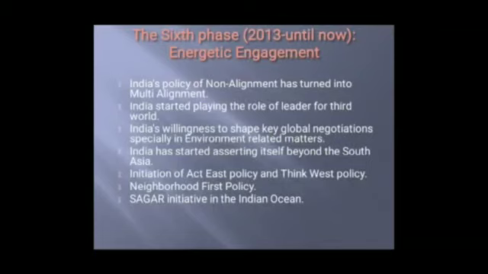Through its approach towards the Indian Ocean region, the Sagar Initiative, Extended Neighborhood, Act East policy, Think West policy. Such policies were initiated. Neighborhood First policy, which we will be learning about. Sagar Initiative, as said. This was all which comes in the sixth phase of the foreign policy.